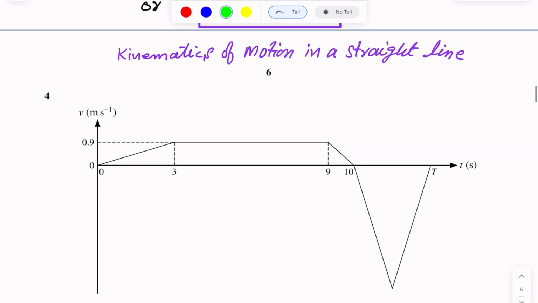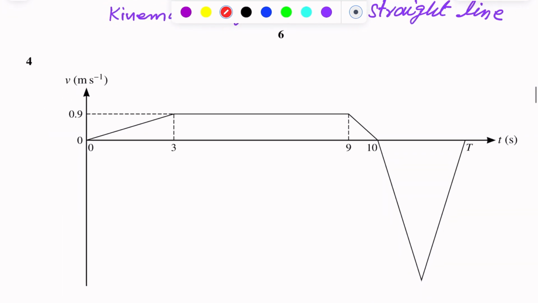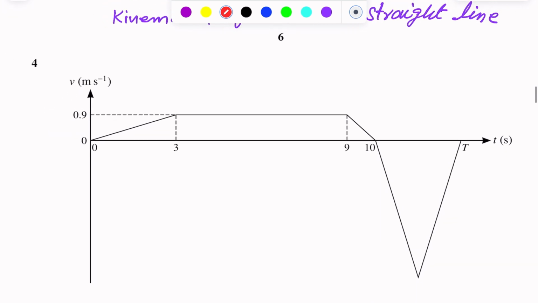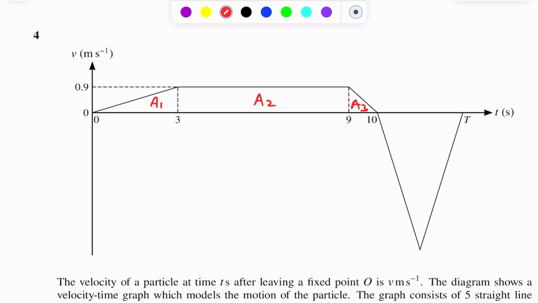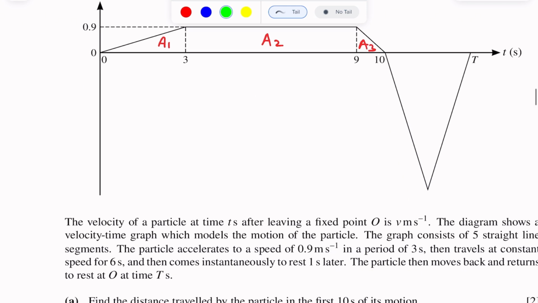To find the area, first we split it into 3 parts. Say this is A1, this is A2, and this is A3. First we will find the area of this right angle triangle, then the area of this rectangle, and at the last the area of this right angle triangle.